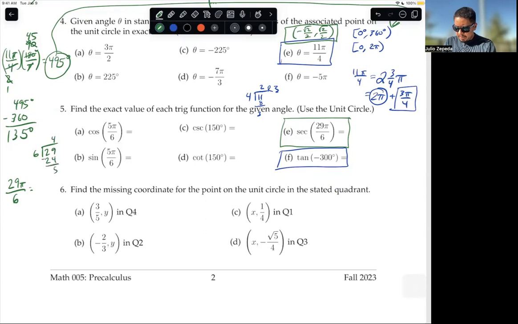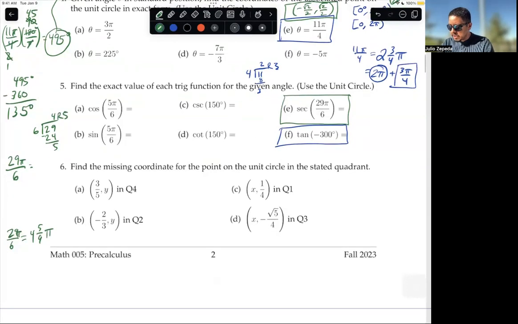And if we subtract, we get a remainder of 5. So 29 over 6 is the same as 4 and 5/6. So 29 pi over 6 is the same as 4 and 5/6 pi.